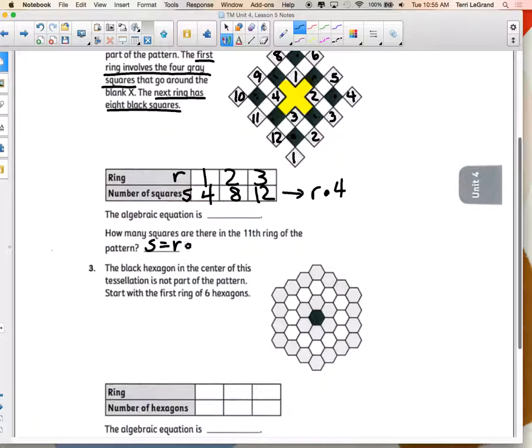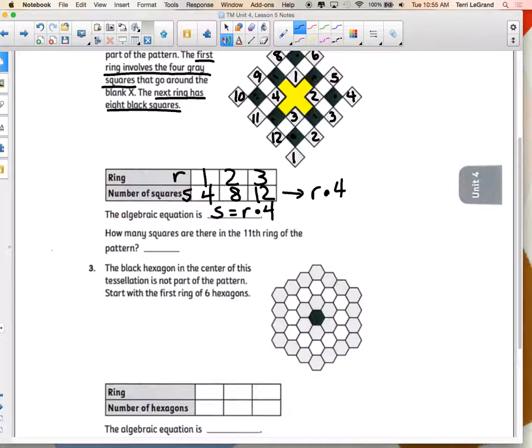Okay, S equals R times 4. What does S stand for again? Number of squares. R stands for the ring number we're in, and we're going to multiply the ring number by 4.